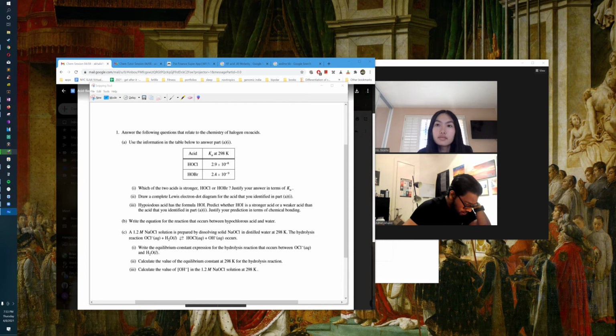Make sense? All right, then B. Write the equation for the reaction that occurs between hypochlorous acid and water. In terms of weakest to strongest, it's hypochlorous, chlorous, and then perchloric.